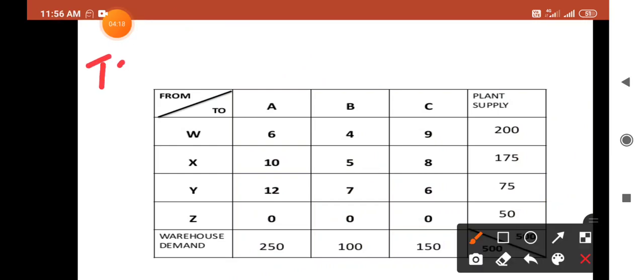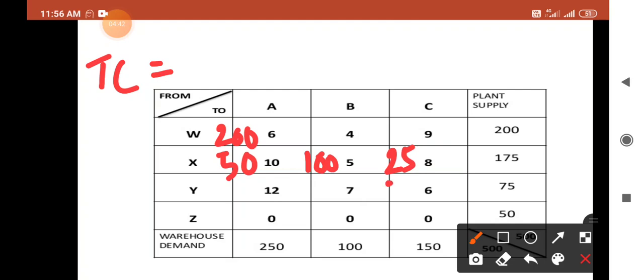So the total transportation cost is equal to: we have allocated 200 units here, then 50 units here, and 100 units here, and then we have allocated 25 units here, 75 and 50 units.